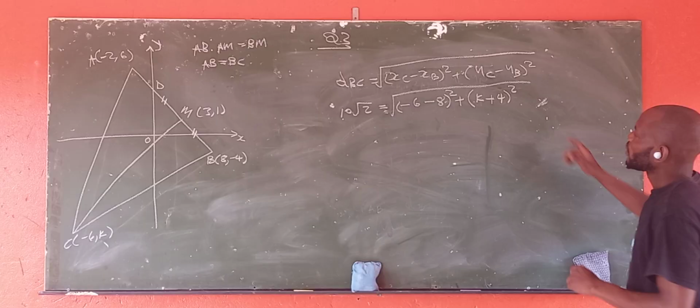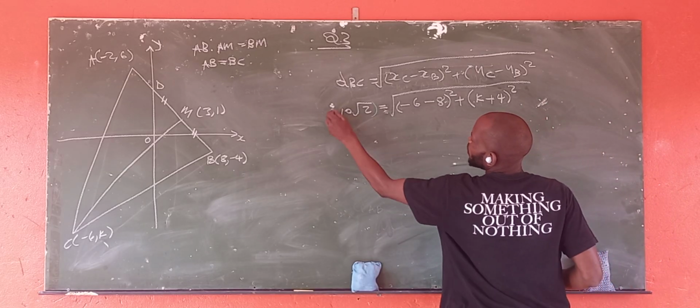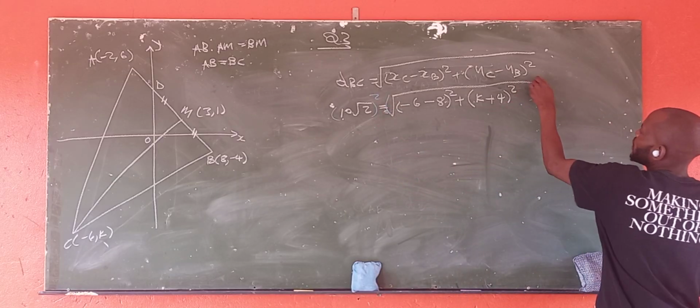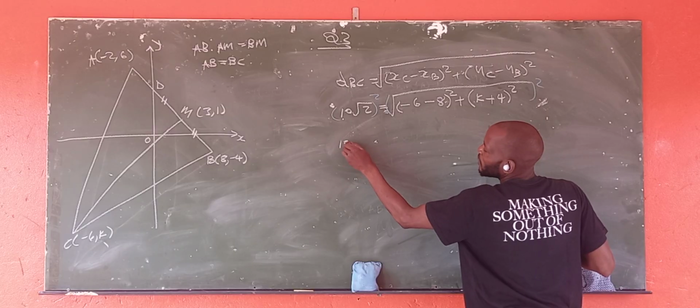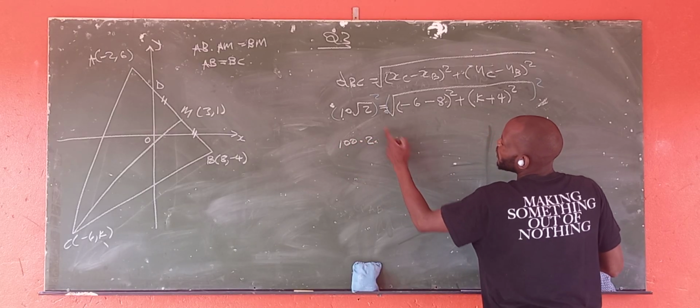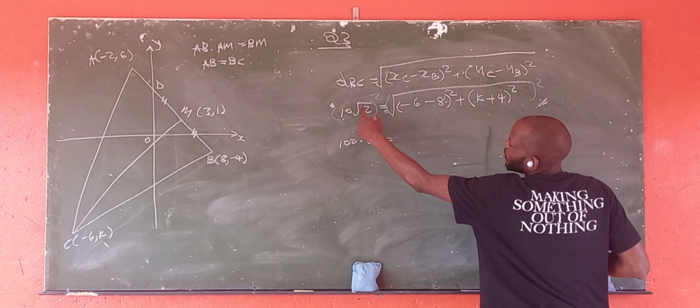All right, so what are we going to do? We're going to remove the square root by squaring both sides. Then this would be 100 multiplied by 2, because this square is 100 and this square is 2.